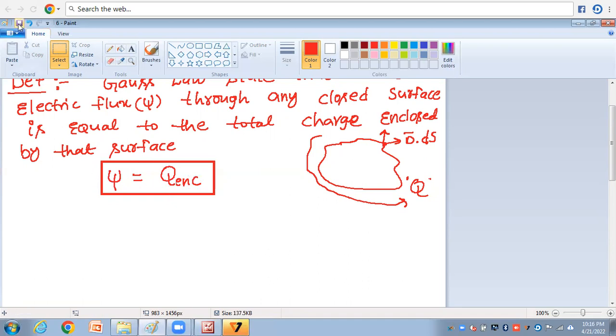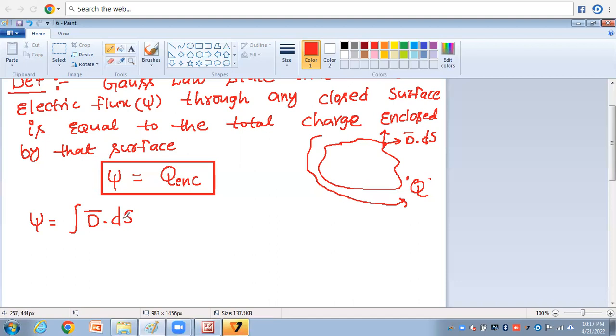Now this psi is equal to the integral of electric flux density D bar dot dS. This is the electric flux density with respect to this surface, one of the equations derived in electric flux density.